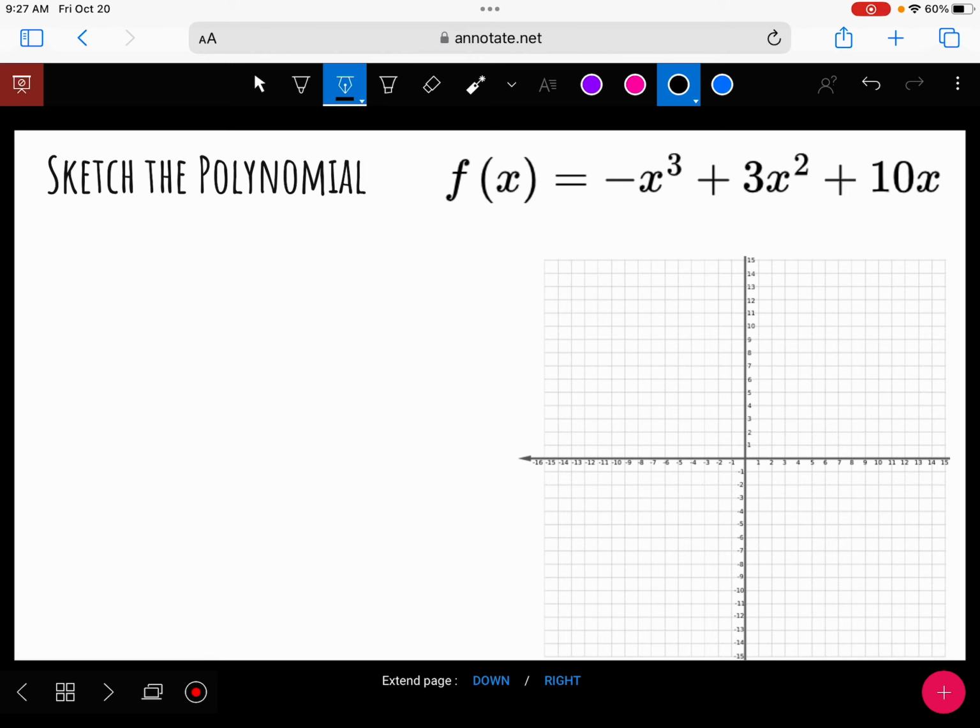So we're going to do some more of the sketching stuff like we did yesterday. This one has an additional step for us, though, because I'm not giving it to you in factored form.